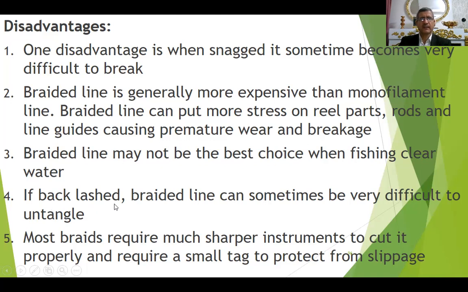If backlashed, braided line can sometimes be very difficult to untangle. Most braided lines require much sharper instruments to cut it properly and require a small tag to protect from slippage.